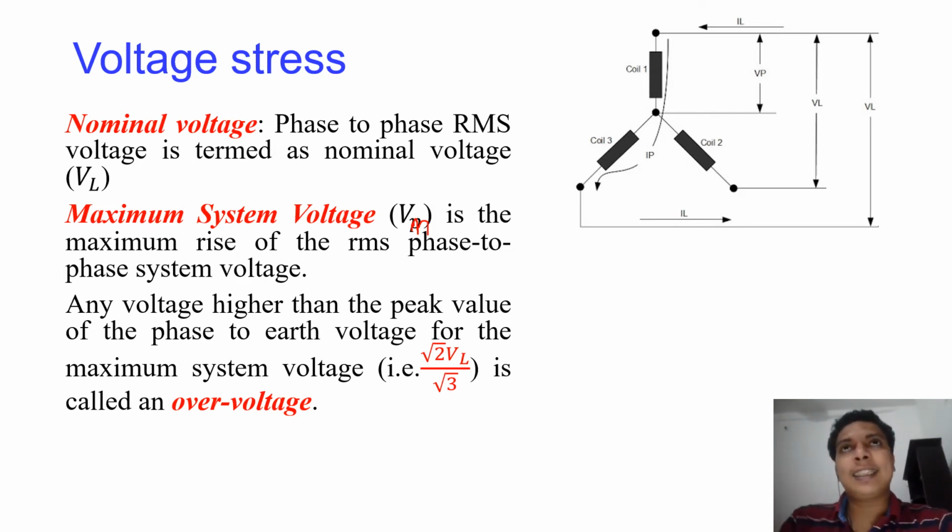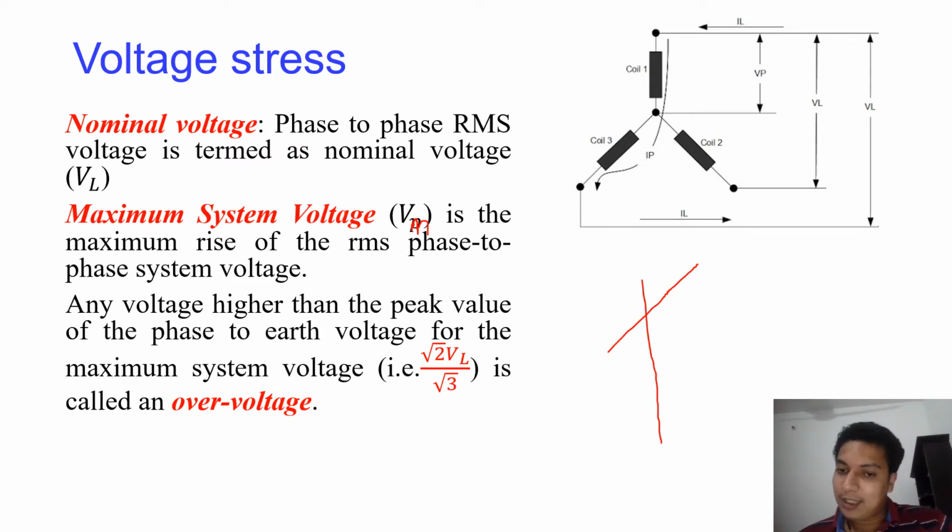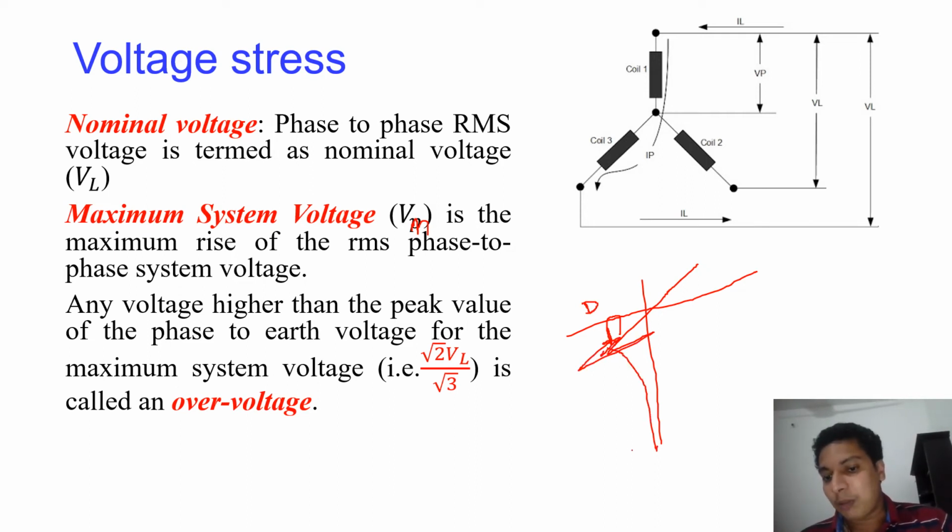If you take an insulator on an overhead transmission line, you have a pole like this and an insulator kept here, and one phase of your transmission line is coming here. The point on the other side is the ground potential, right?